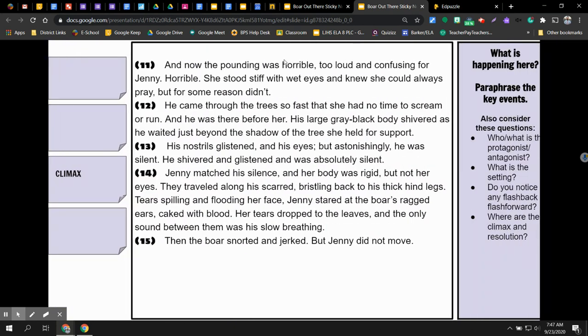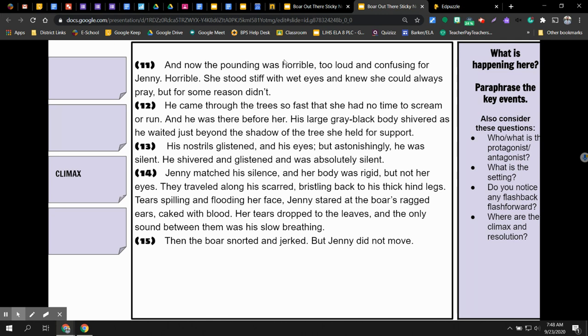And now the pounding was horrible, too loud and confusing for Jenny. She stood stiff with wet eyes and knew she could always pray, but for some reason she didn't. He came through the trees so fast that she had no time to scream or run, and he was there before her. His large gray-black body shivered as he waited just beyond the shadow of the tree she held for support.